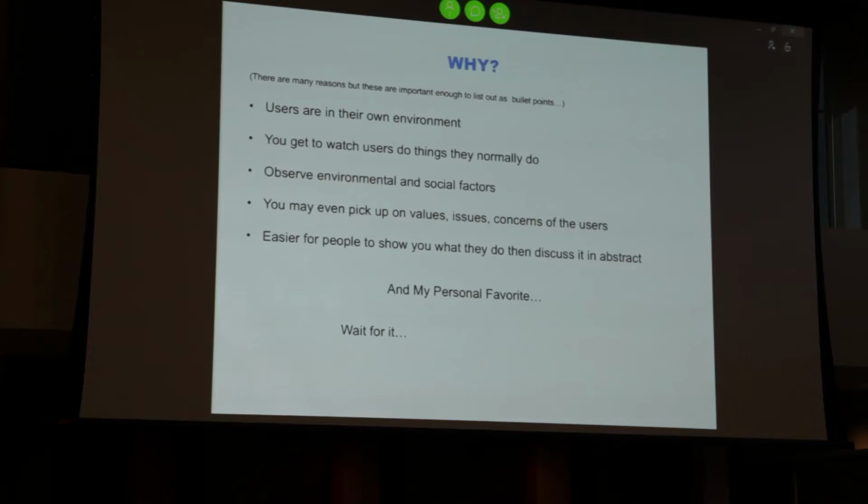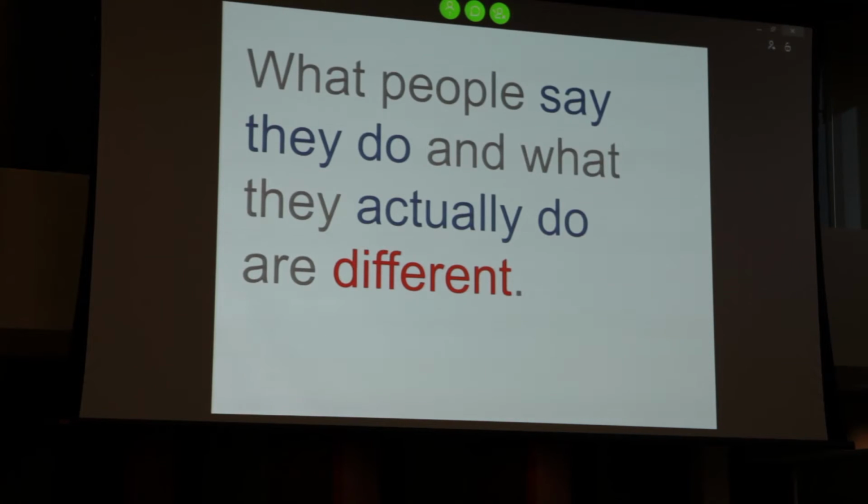But asking a 6-year-old to show you what they did can take about 30 seconds. So it definitely helps with that. And my personal favorite reason for doing contextual inquiry is that what people say they do and what they actually do are usually different. It can really help you overcome that in your design.